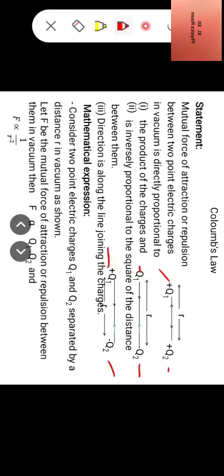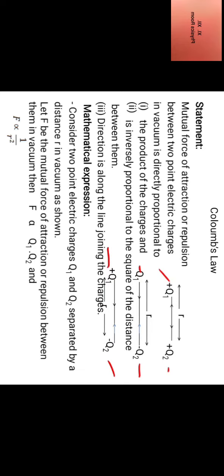This is how we state it: mutual force of attraction or repulsion between two point electric charges in vacuum is directly proportional to the product of the charges and inversely proportional to the square of the distance between them. Direction is along the line joining the charges.